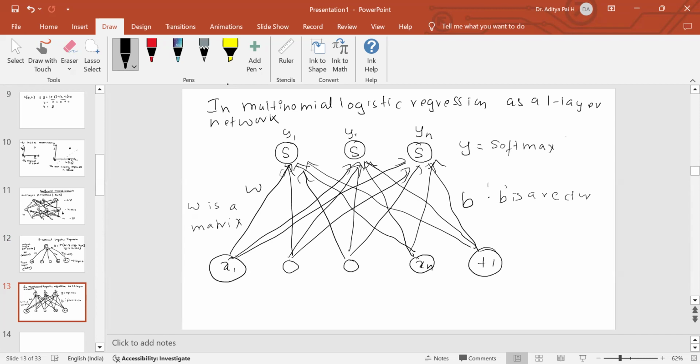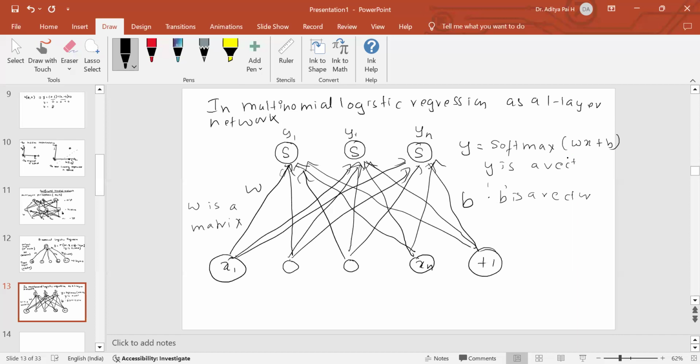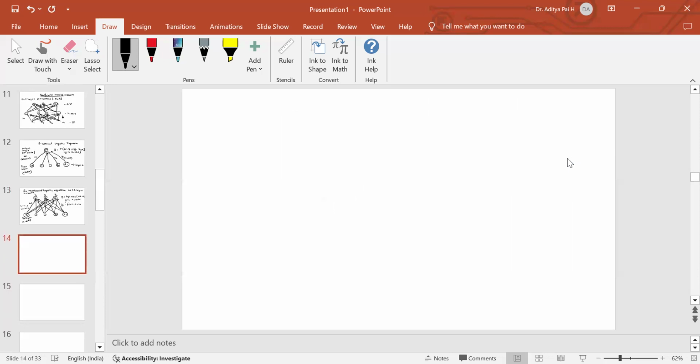So softmax of wx plus b, where y is a vector. In the previous case y was a scalar; here y is a vector, whereas your input layer is a scalar.